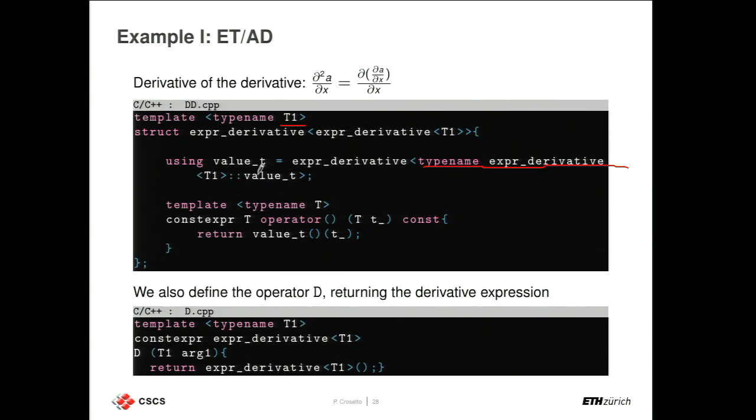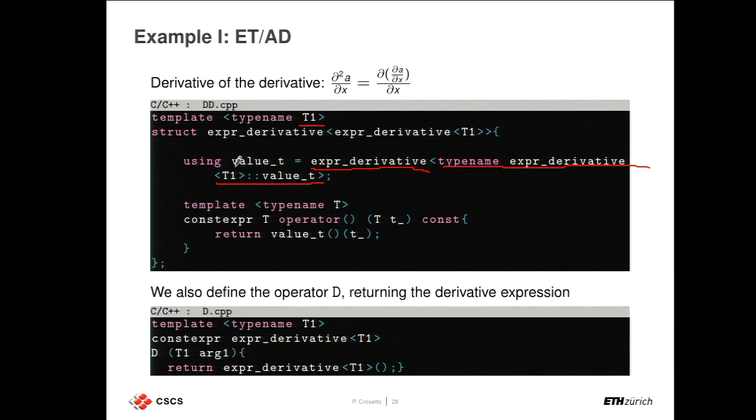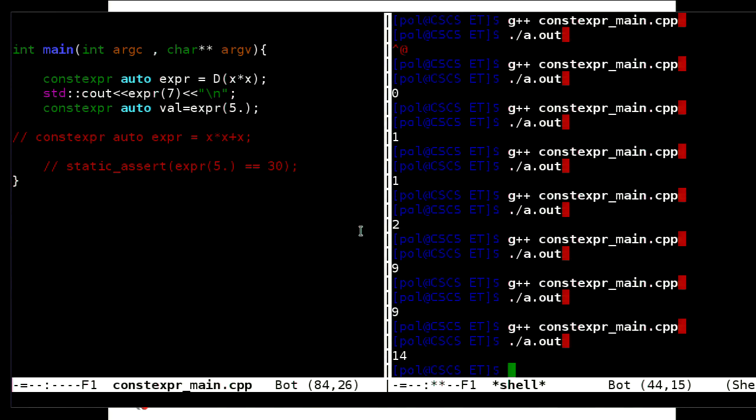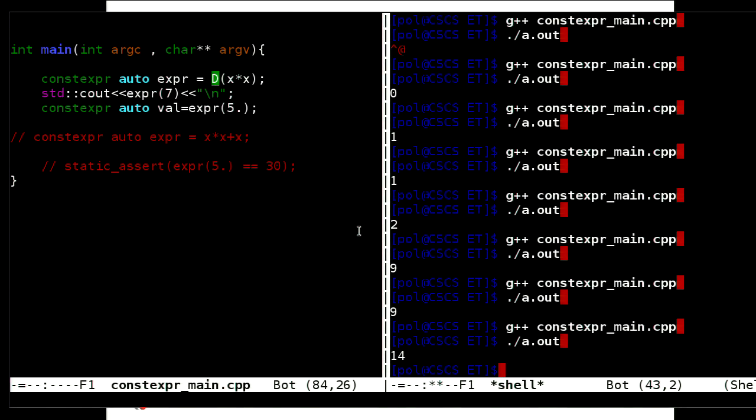And then I have to wrap it around another expression derivative. Then I evaluate this in the point t, and this should provide me the full syntax.